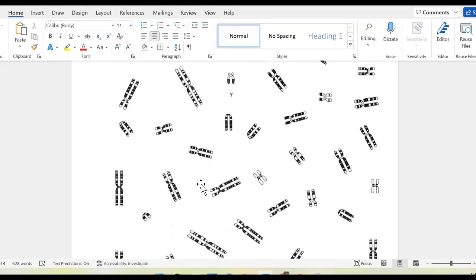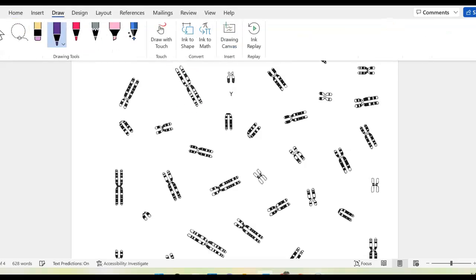Okay? And its matching pair is down here. So you have this one here and this one here, which are a match. I'm not entirely certain if that one is the biggest one. It looks like it might be, so that would be chromosome number 1. Okay, so you would put those together.